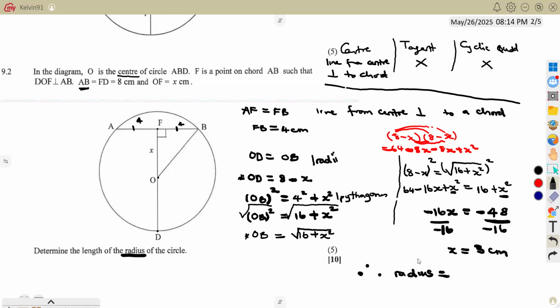Remember we said OD is the radius, so the radius is going to be 8 minus the value there, which is 3, which gives you 5 centimeters.